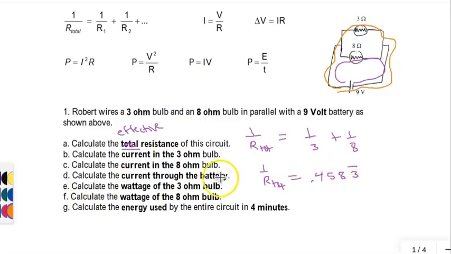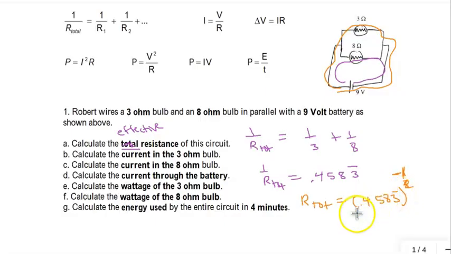You might be tempted to think that that is your final answer, but that's the inverse of the answer. So R tot, you're going to take the inverse of both sides of your equal sign, oops, not squared, I'm on autopilot, to the -1. And that means R tot is 2.18 ohms.